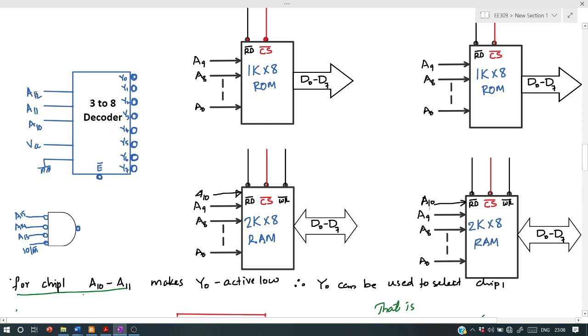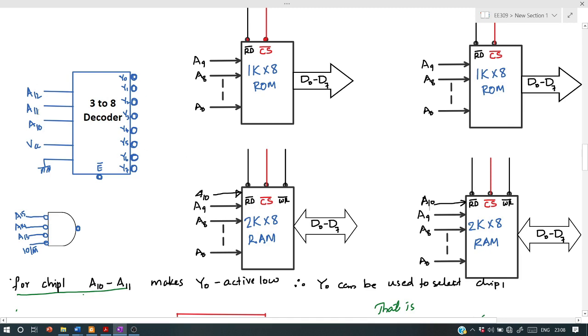So when these pins become 0, Y0 will be active low, and all other lines are active high. So whenever Y0 is connected to any of these memory chips, that memory chip alone will work or be activated.